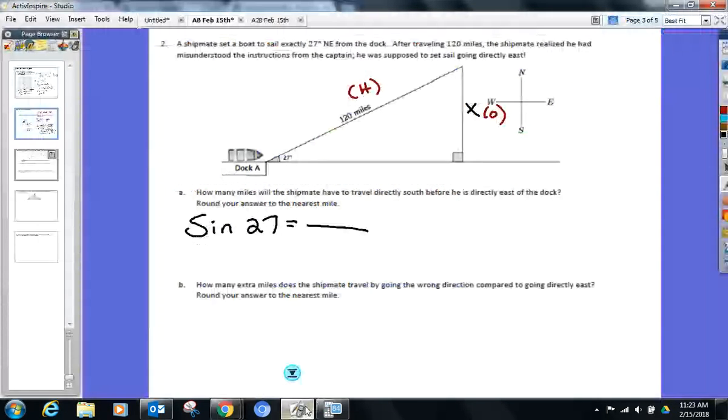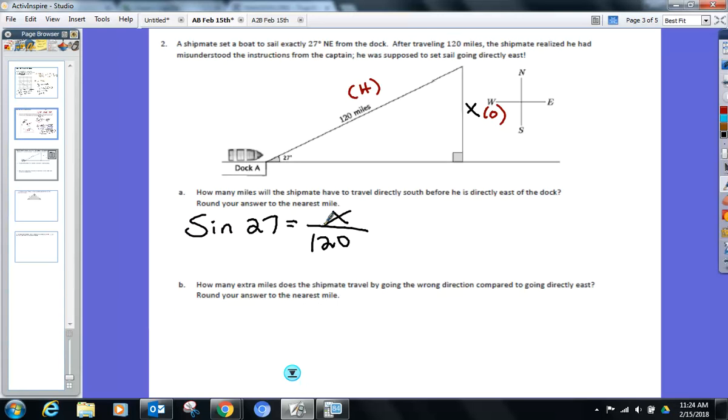Okay, that's hypotenuse. Opposite is just x. Yep, x over 120. Everyone all right setting them up? Somebody asked in my first period class, does the order matter? You're darn right it matters.